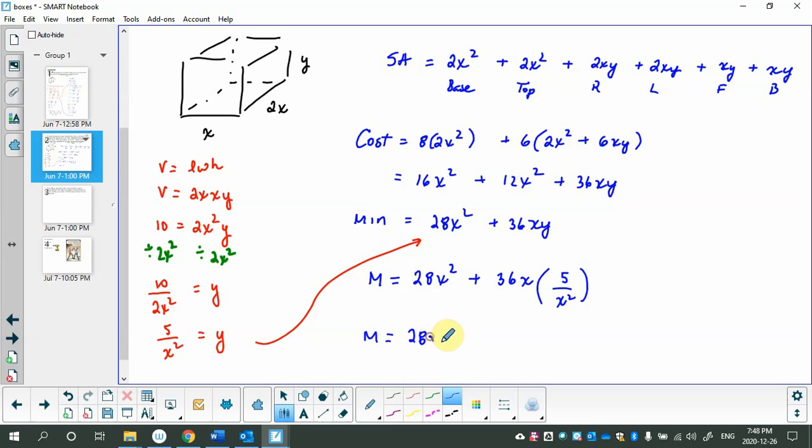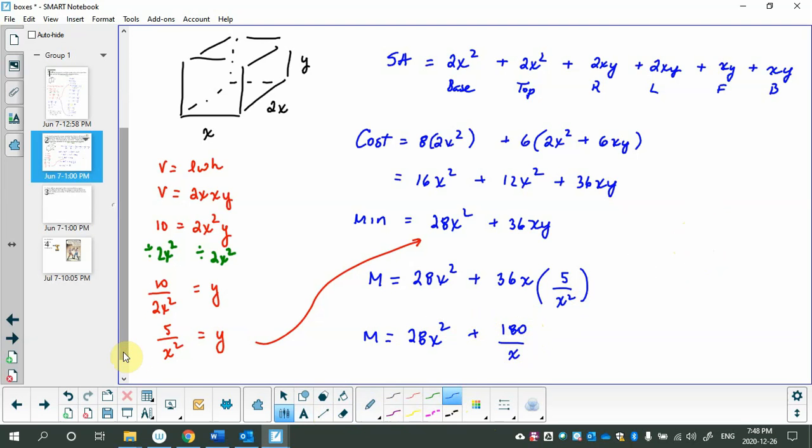So I need to know what 36 times 5 is. 180. So this is plus 180x over x squared, which is 180 over x.